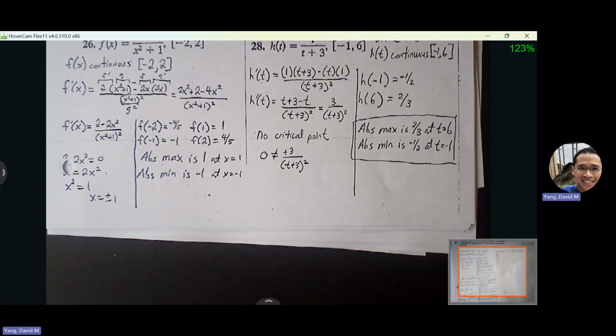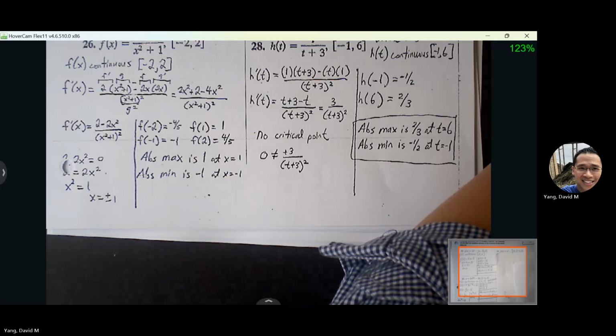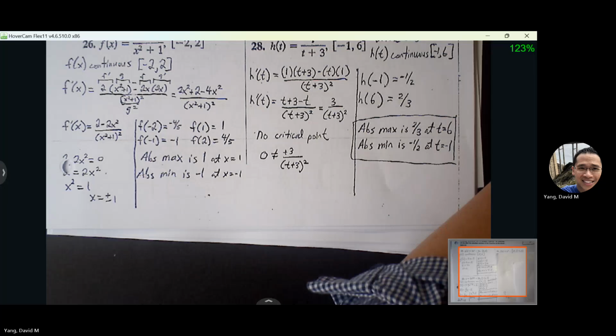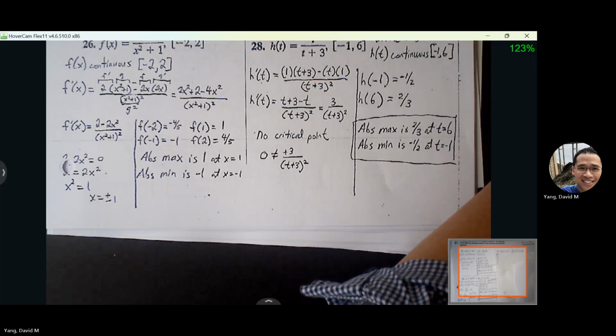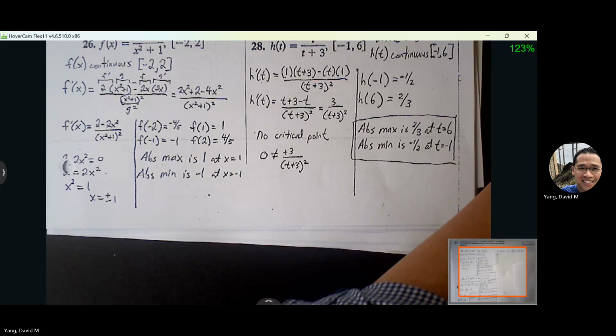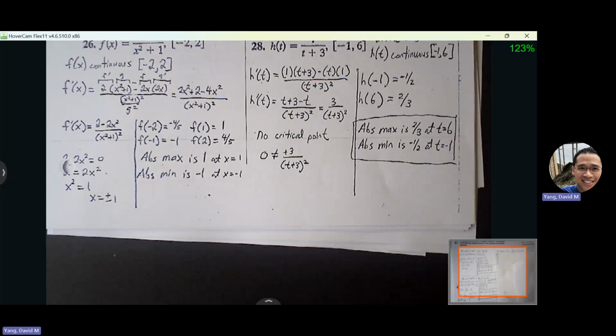Okay, does anybody still need to look at the linear approximation problem? Sorry, number 2 on page 17.